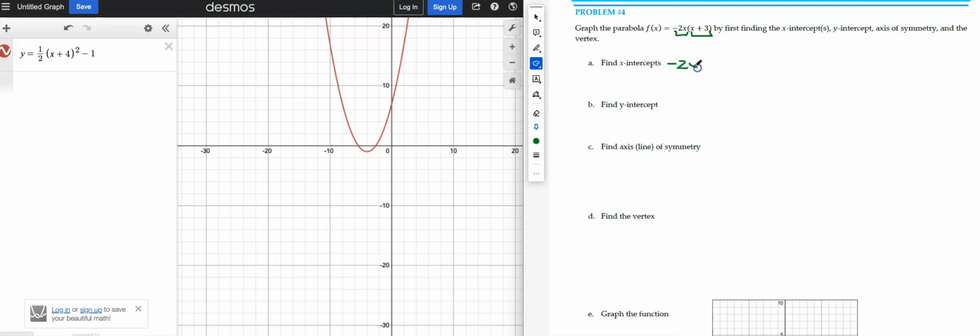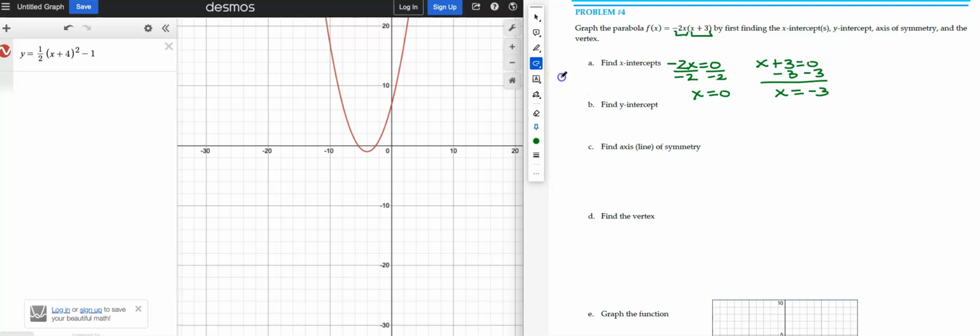So I'll have negative 2x equals 0. We'll solve that, and then we'll do x plus 3 equals 0. Well, on this one, if I divide both sides by negative 2, 0 divided by anything is just 0. So x equals 0. And then on this one, like we've done before, just subtract that 3 over, x equals negative 3.